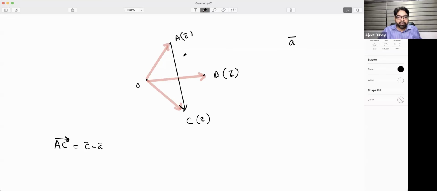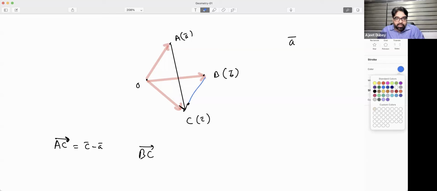You'll understand, don't worry. If I ask you for the BC vector, see, simple wording: BC, join a line from B to C. Sir, it will be B minus C. We have to see where the arrow is.